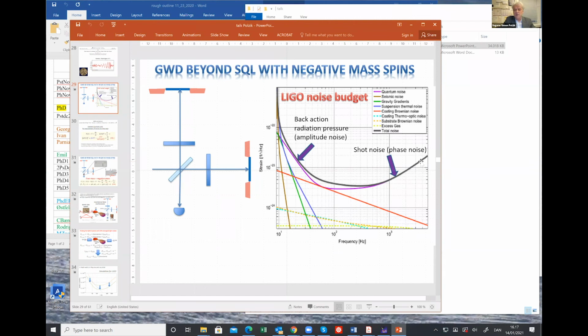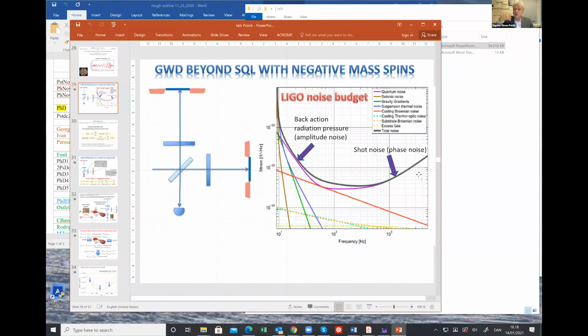If they use light which is squeezed in the phase quadrature, they will reduce the noise here and improve the sensitivity, at the cost, of course, of increasing the uncertainty in the amplitude quadrature, raising this. So using squeezing with the fixed phase simply amounts to moving this curve left and right. You cannot improve the sensitivity over the entire band.